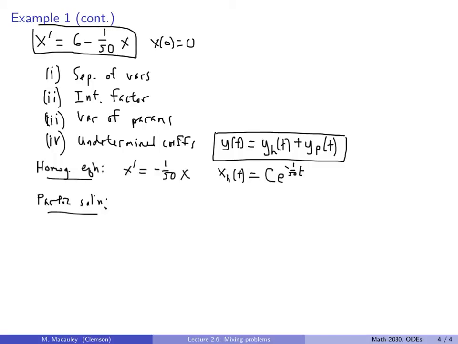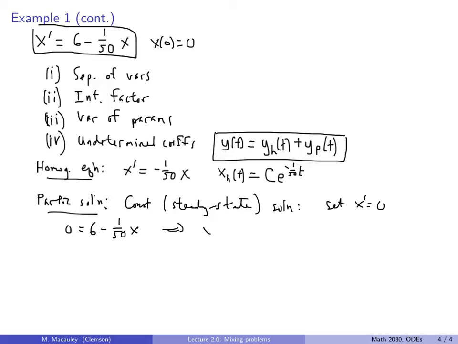So let's find a constant, or steady state, solution. Set x prime equal to 0, and then we have 0 equals 6 minus 1/50th x, and we can solve for x. We get x equals 300.